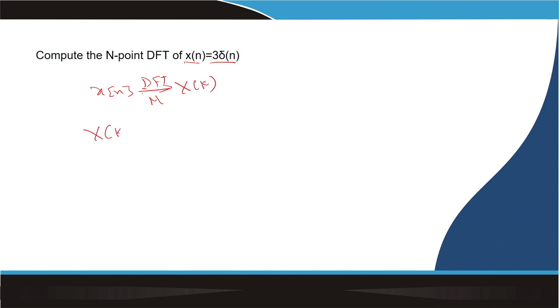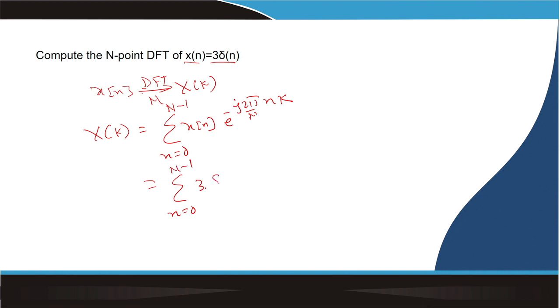So, X of k is equal to the sum from n equal to 0 to N minus 1 of x of n e to the power minus j 2 pi by N into nk. So, I can simply say the sum of 3 into delta n into e to the power minus j 2 pi by N into nk.